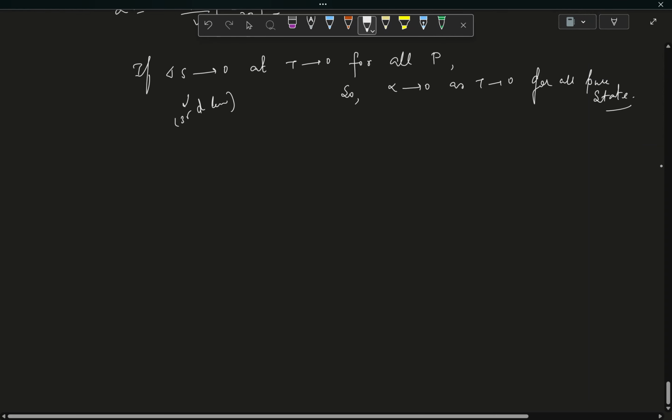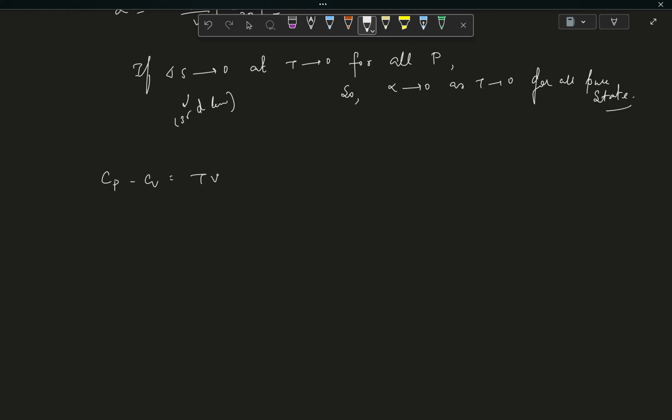Now we get to the specific heat difference Cp minus Cv. There is a formula that we derived from the Maxwell's relation and the connecting formula. If you do not remember, you can go back a few weeks in the lectures and check from there. We even solved a tutorial problem on the value of Cp minus Cv, so I will directly write that value now.